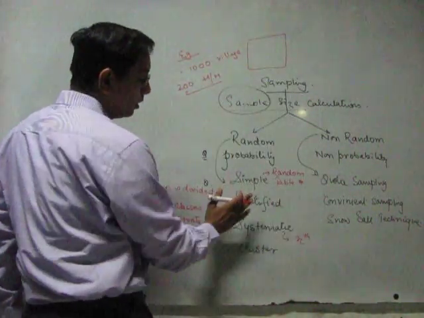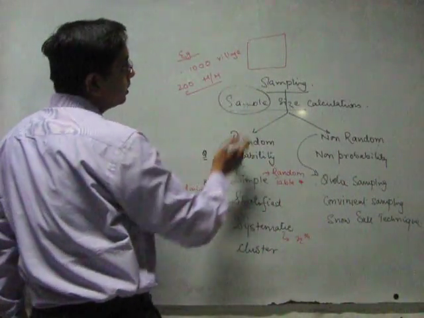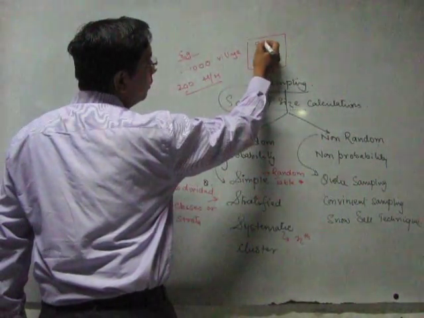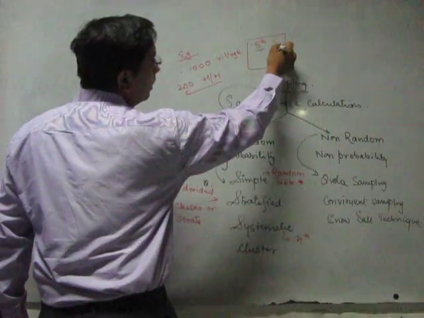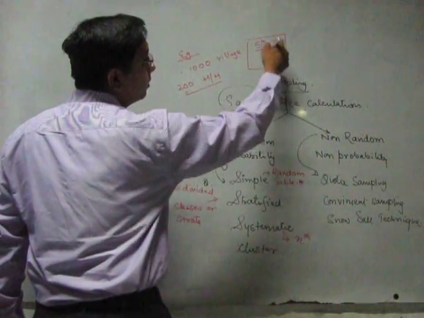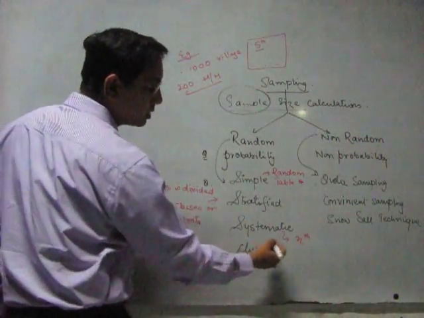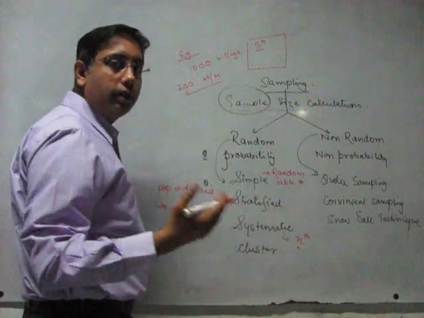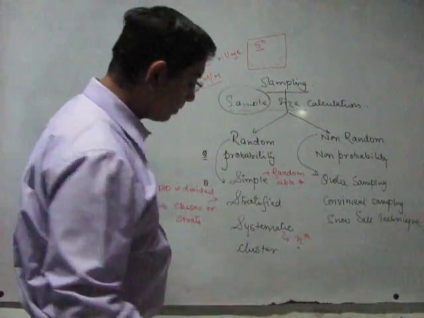Rather than that, a probability or random type of sampling would be that I will take every 5th house. So I will cover the whole village. This is known as systematic sampling, where we take the sample in a system.